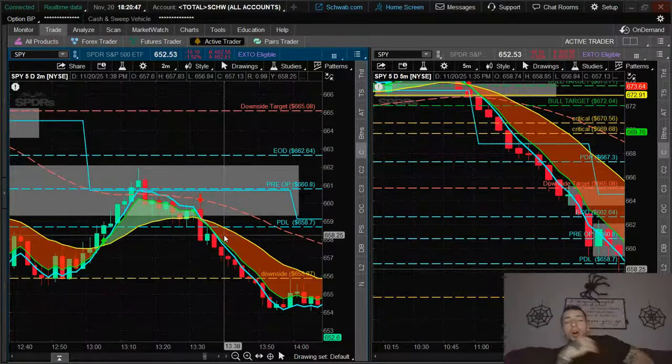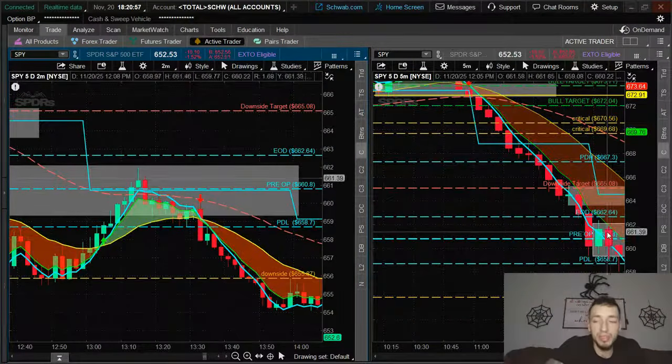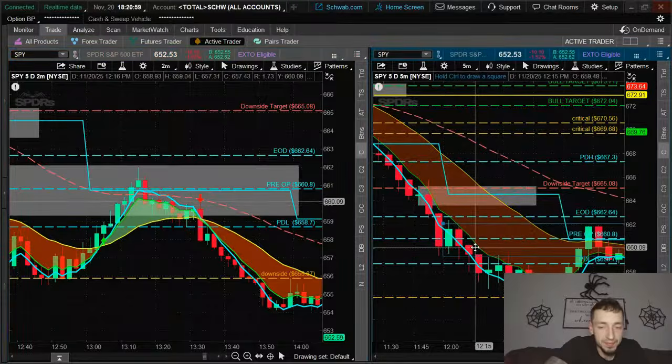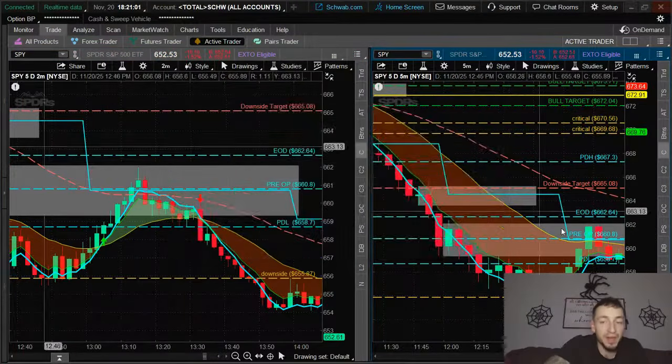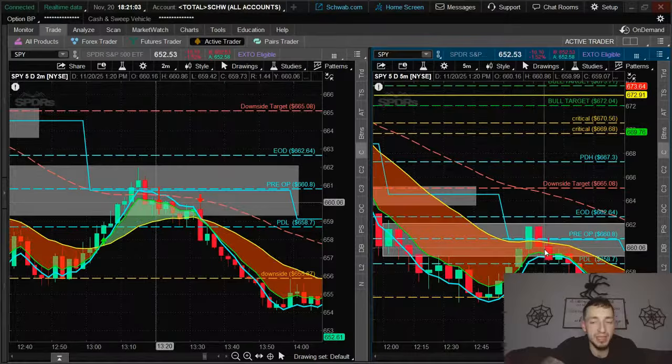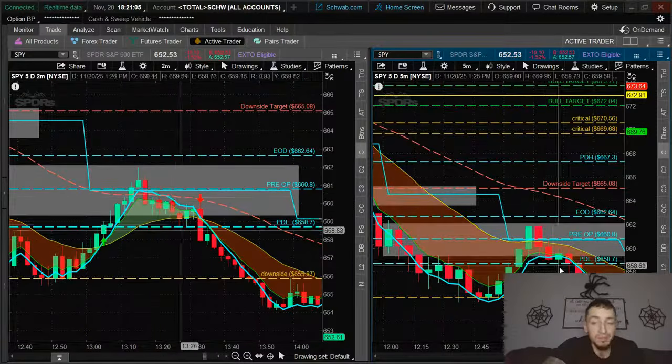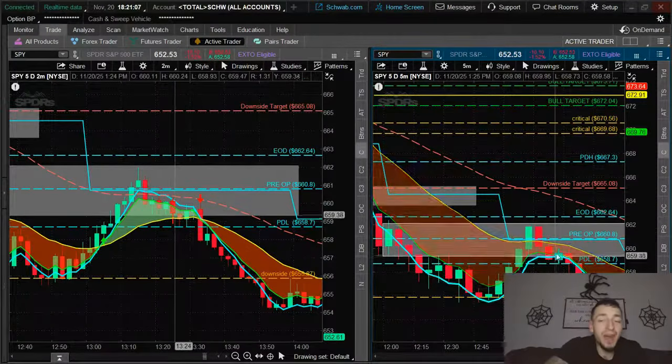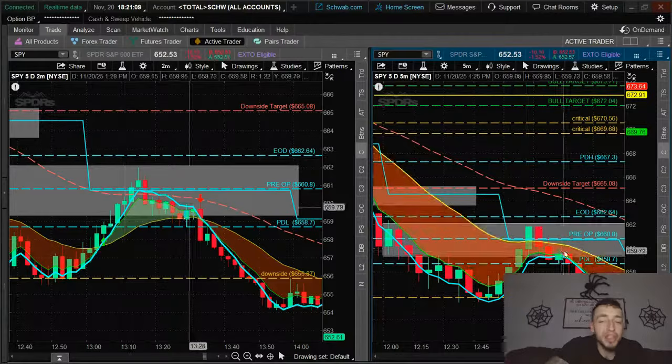So all in all, that's how I like to trade the 2-minute, right? And just a quick recap so you guys can take away some valuable information here. Identify the RBI, GBI on the 5-minute time frame. Identify the price coming back up into it and respecting it. Identify the GBI.